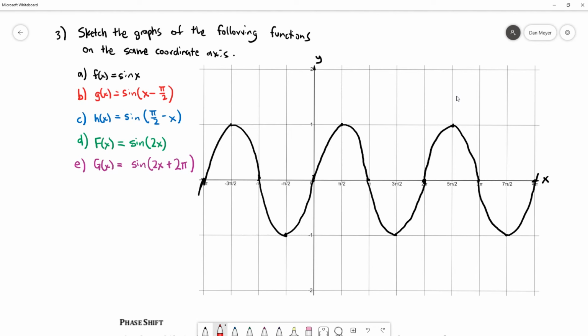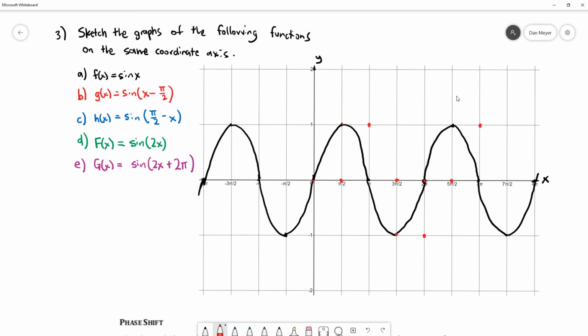And so I'm going to take this point that's at x equals 0 and y is 0, and move it out to x equals pi over 2. And this point here that's at x equals pi over 2, I'm going to shift it to the right. I'm just shifting all my points to the right. This point down here gets shifted to the right, pi over 2. This point here gets shifted to the right, pi over 2.